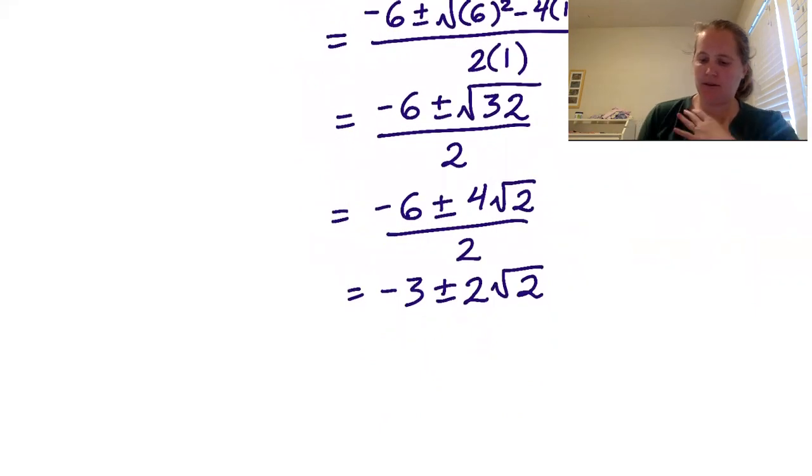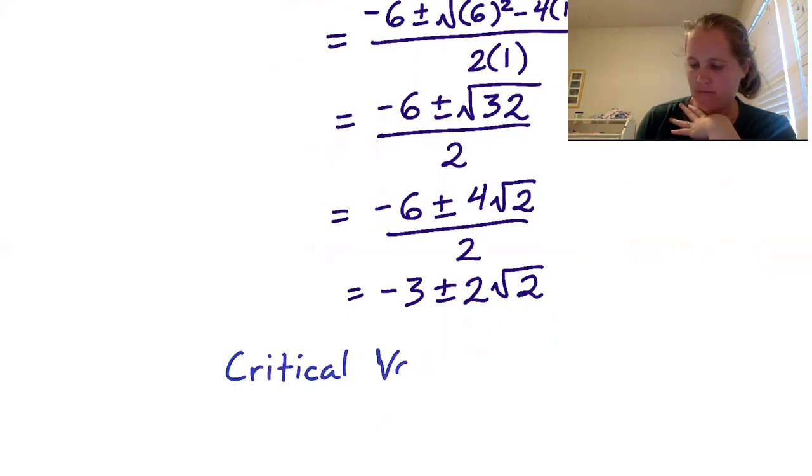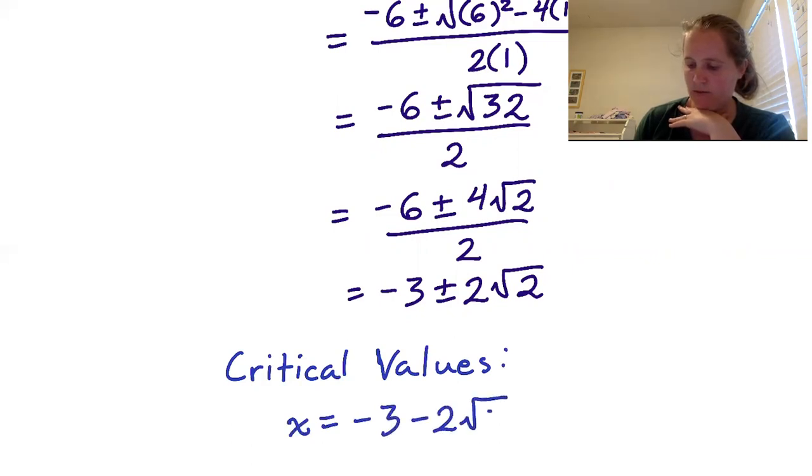So we have our critical points or critical values. We had x equals -3 minus 2 root 2. Then x equals -3 was where it was undefined.